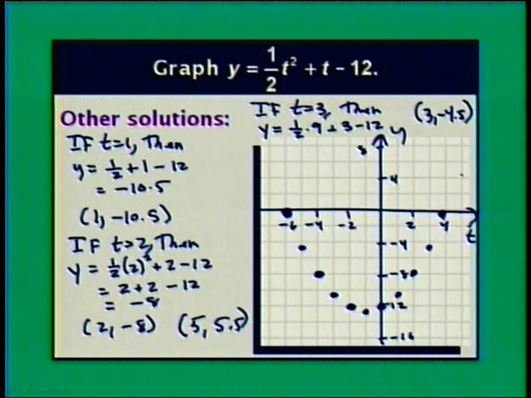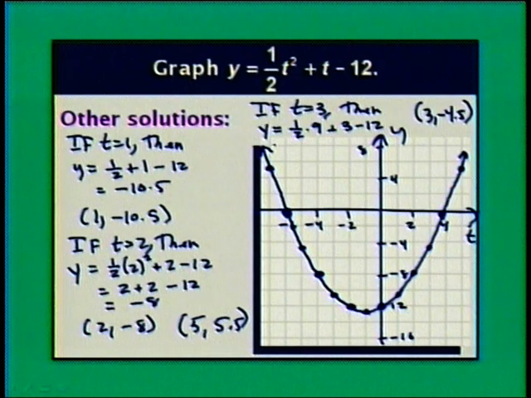This is 6, so here's about 5.5. Using symmetry, I'm also going to have a point at negative 7, 5.5. I've got lots of points on my parabola. Putting it all together, drawing a nice smooth curve through all of these points. Wow, that almost looks symmetrical.